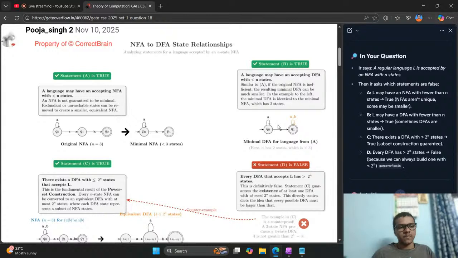In this example, identical to the minimal NFA, which has two states. Power set construction.